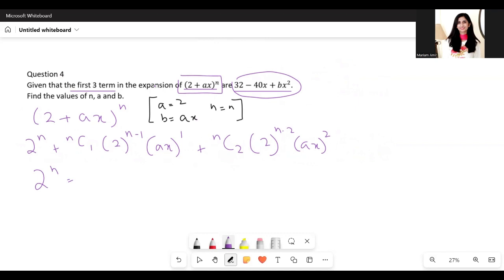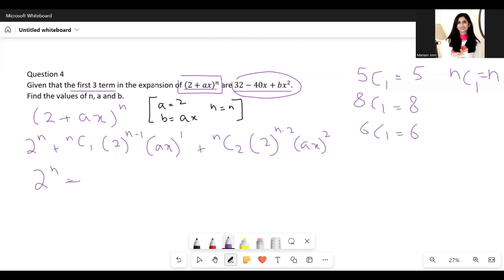Why do I say that? Check 5C1 in the calculator. You'll notice that you just get 5. Check 8C1 in the calculator. You'll get 8. Check 6C1 in the calculator. You'll just get 6. Similarly, nC1 is going to be just n.